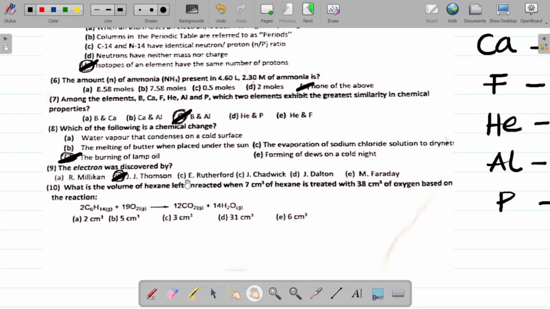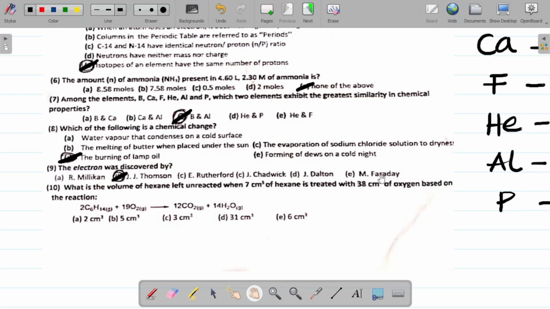It says Ernest Rutherford. Note that Ernest Rutherford was the man that discovered protons. The next one here is James Chadwick. Chadwick was the man that discovered neutron. Next one is John Dalton. John Dalton propounded some theory known as Dalton's atomic theory. He tried to explain how an atom works, although some of his theories were modified.